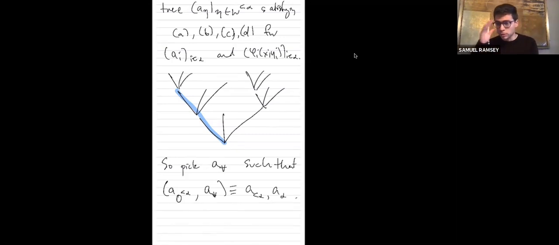So this is always possible. I knew that a_0 to the alpha had the same type as a_less than alpha, so I just pick an a star such that it has the same type. You can always do this.